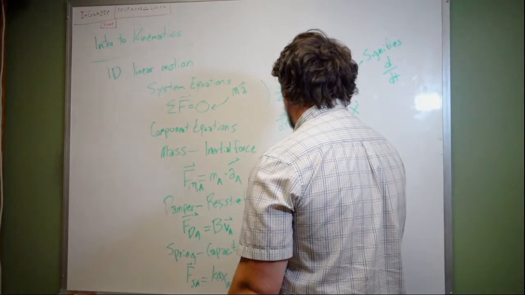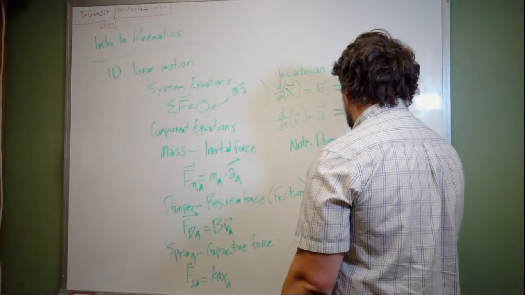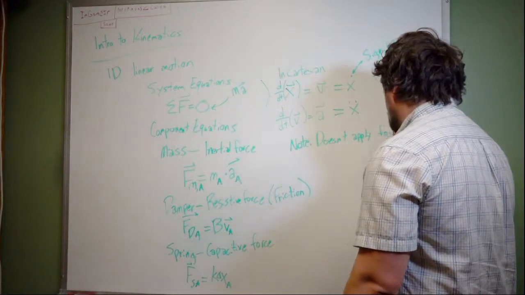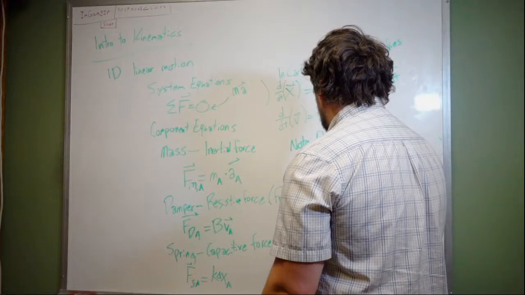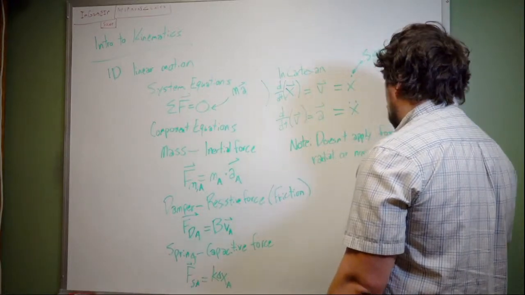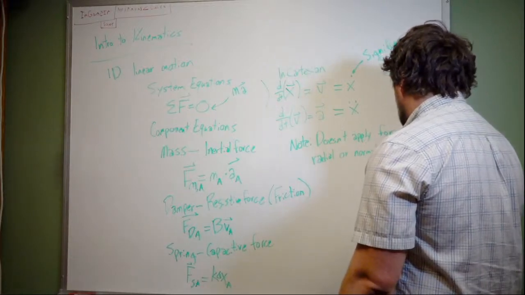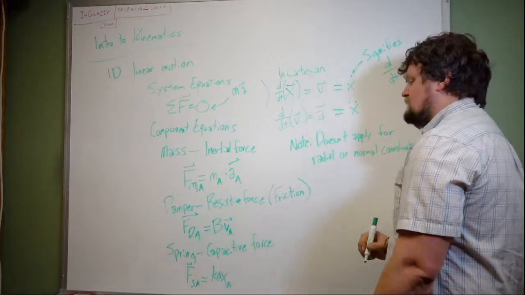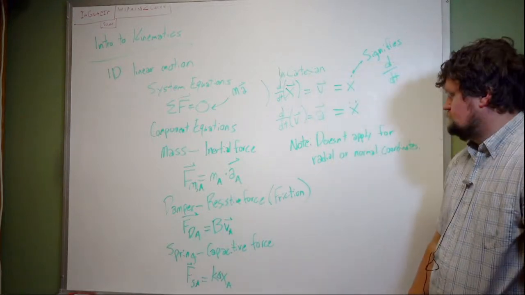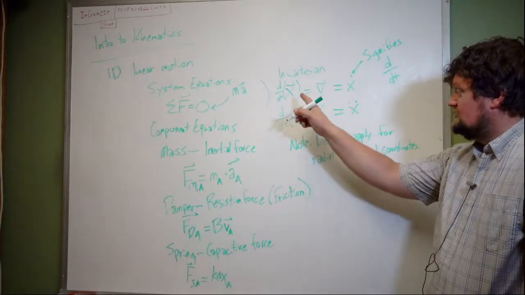All right, so we have all of these equations that we can use. Note, it doesn't apply for radial or normal coordinates, and that includes transverse and tangential components too. Okay, so these do not work here.